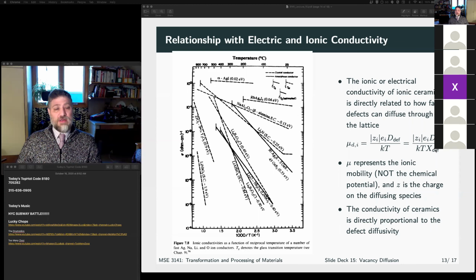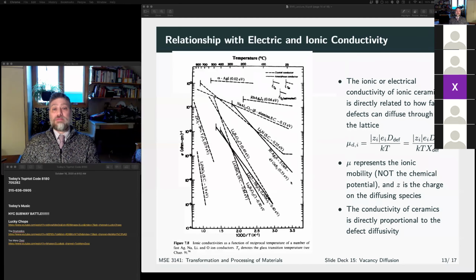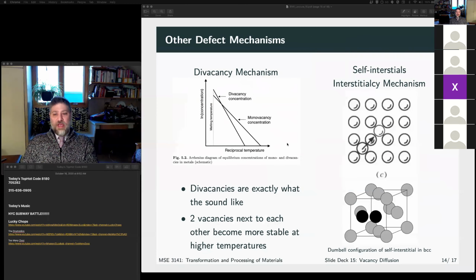And it's going to depend very much on the concentration of these defects that are going to be there, right? So this is the ionic conductivity as a function of temperature, and you'll see that you've got slopes and relationships that look very similar to what we see in terms of the diffusion coefficients. There's a direct proportionality there.